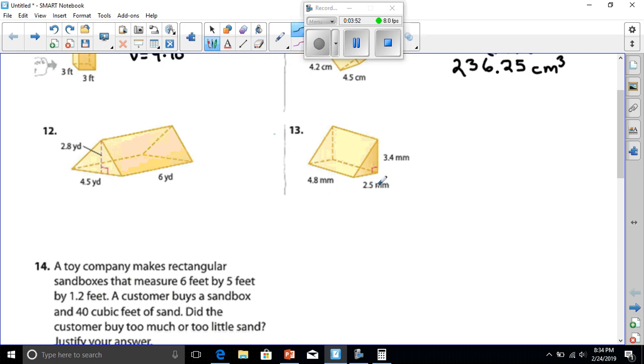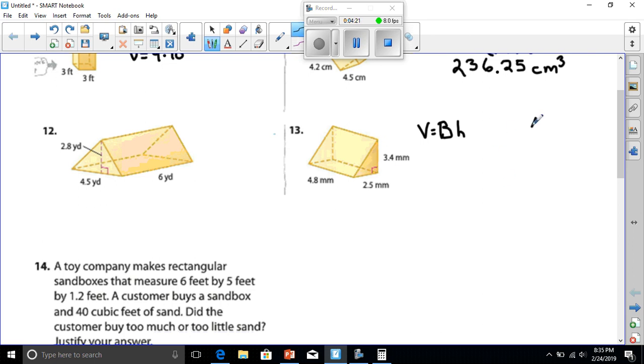For number 13, this time I got a triangular base prism. I know that because if the shape on each side is different than a rectangle, I have to call it by that shape, and this shape is a triangle. Now I got to follow the rules. Again, the volume equals the base, we're going to call it big B this time, times the height. The reason I say big B is because we're going to have to use the rules of the base, and our base is a triangle.